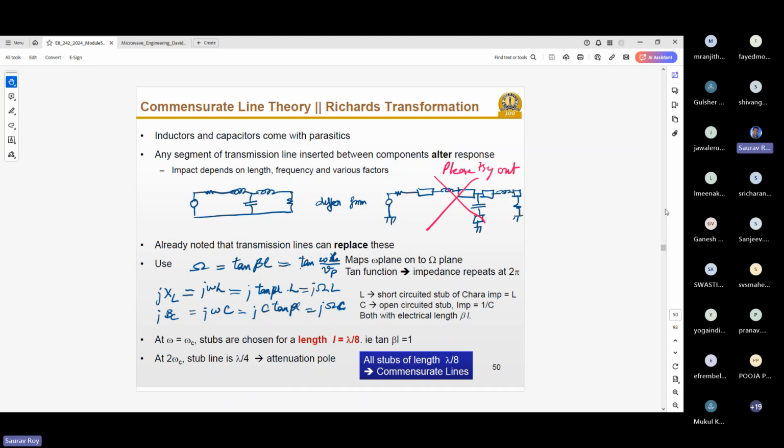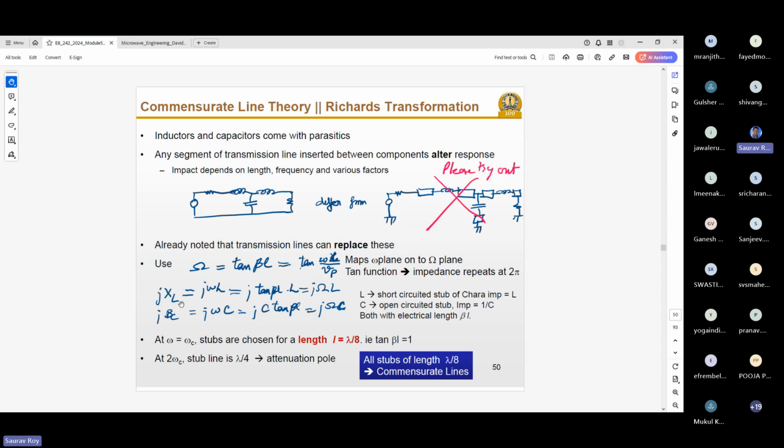In this Richards transformation, what it says is that this omega in normal circuit theory is equivalent to tan beta L in transmission line theory. The main equation is capital omega equals tan beta L. And this tan beta L you can replace in the equation of jXL.